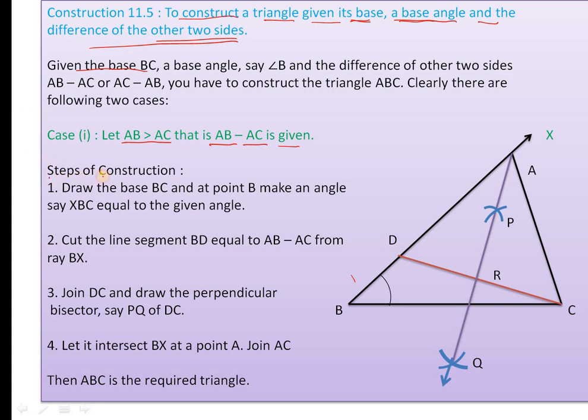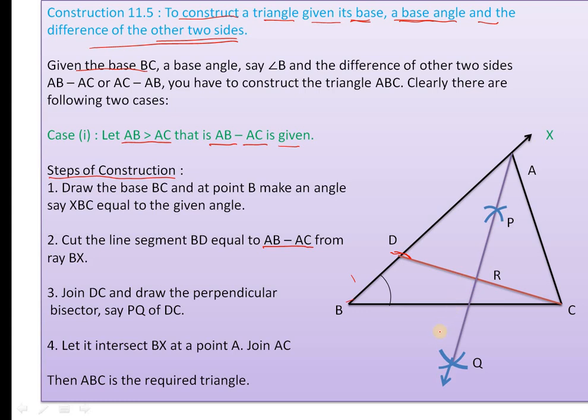Steps of construction. Draw the base BC, and at point B make an angle XBC equal to the given angle. Second step, cut a line segment BD on BX equal to AB minus AC. Okay. Third step, join D and C and draw the perpendicular bisector of CD.